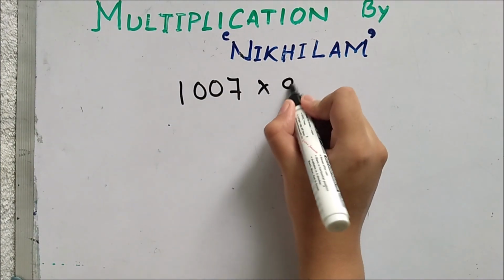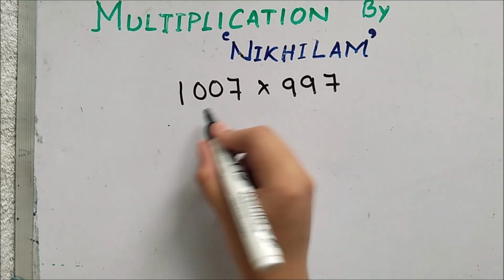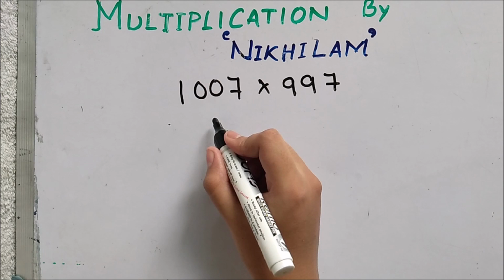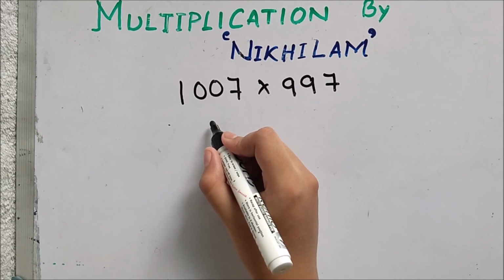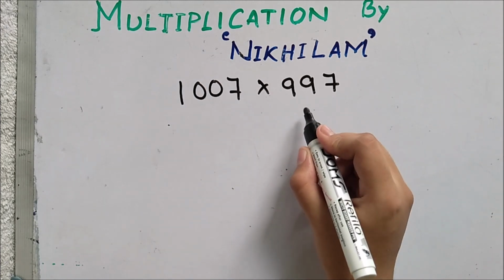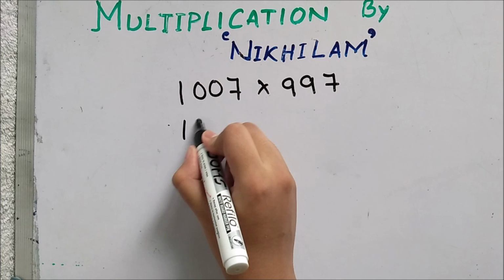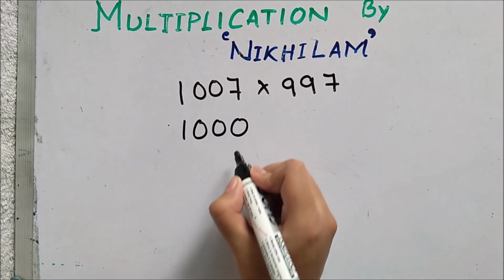1007 into 997, which are both nearer to 1000, where 1007 is greater than 1000 and 997 is lesser than 1000. We will take the base as 1000.